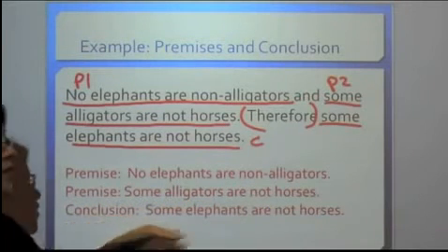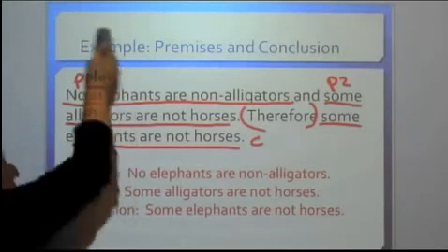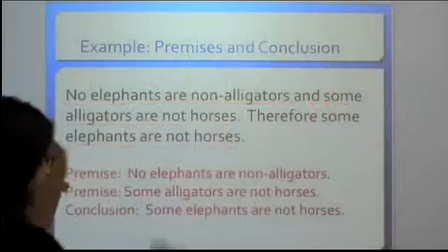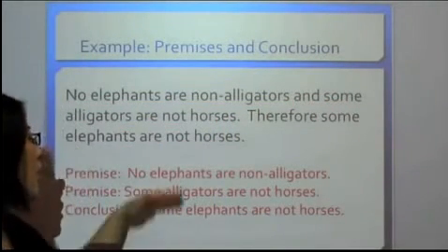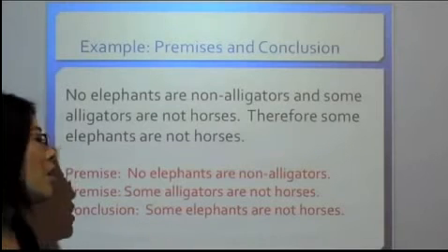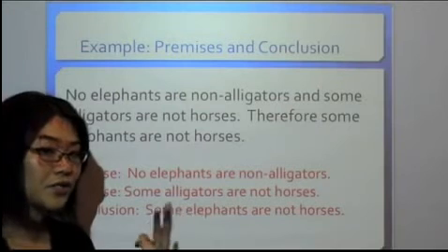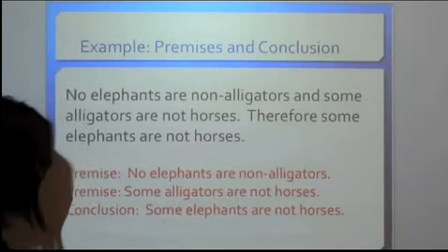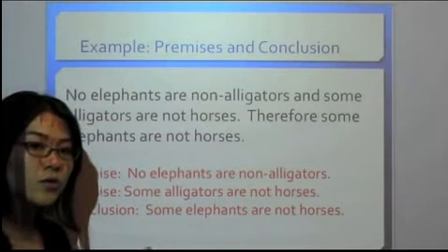And then conclusion, some elephants are not horses. Okay, so now that we've identified all of the premises and the conclusion, one thing that we want to do is make sure that we have only 3 terms, okay? So notice how all of these statements are actually standard form categorical statements.